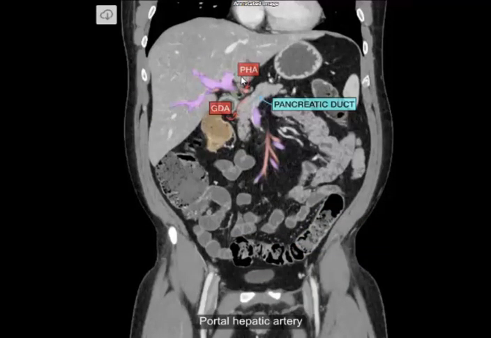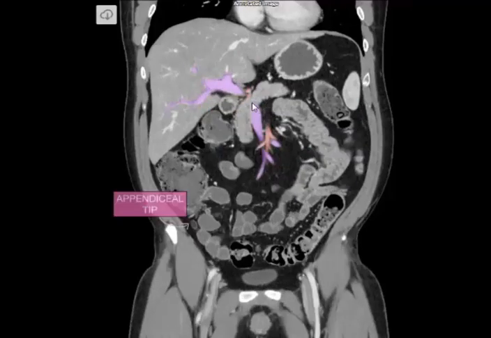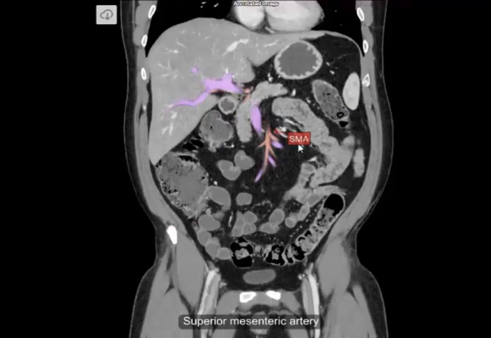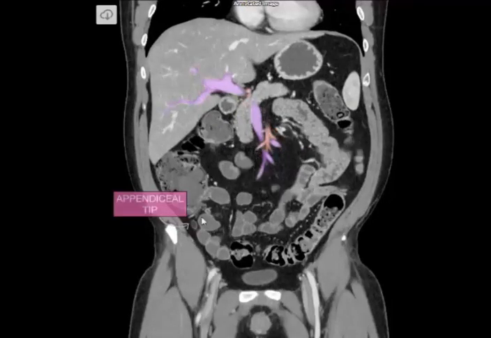Proper hepatic artery. Gastroduodenal artery. Pancreatic duct. Superior mesenteric artery. Appendiceal tip.